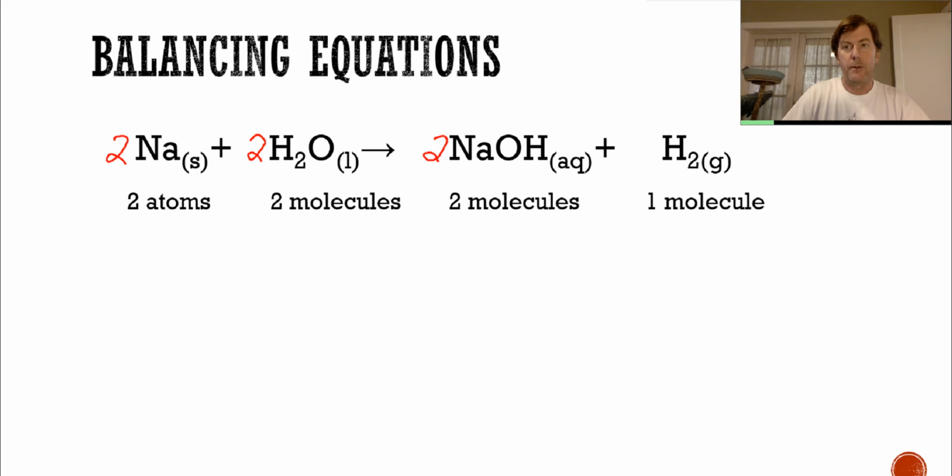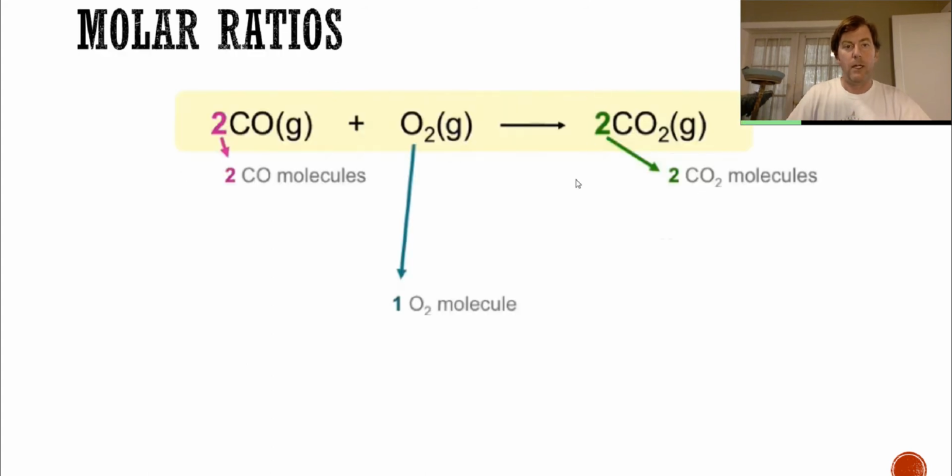Now, to make this a little more useful, look at a problem like this: carbon monoxide reacting with oxygen creating carbon dioxide. We look at the ratios here, 2 to 1: 2 carbon monoxides for every 1 oxygen molecule.